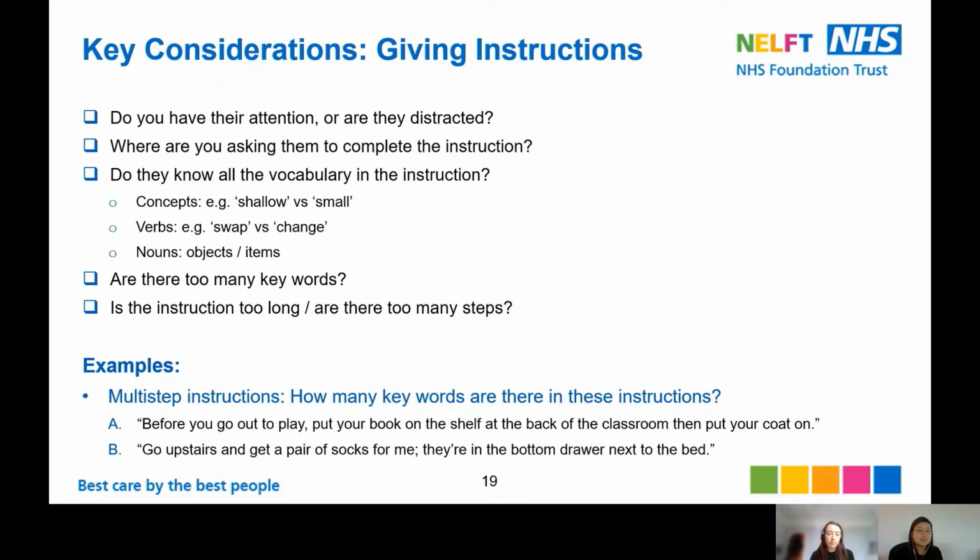Or go upstairs and get a pair of socks for me. They're in the bottom drawer next to the bed. As you can see with the underline, there are lots and lots of keywords in those instructions. Please do refer to the training 1B about how you can make the instructions easier or make the instructions harder.